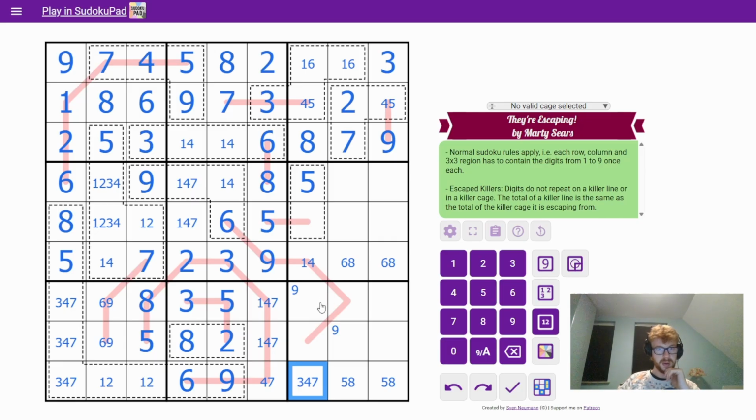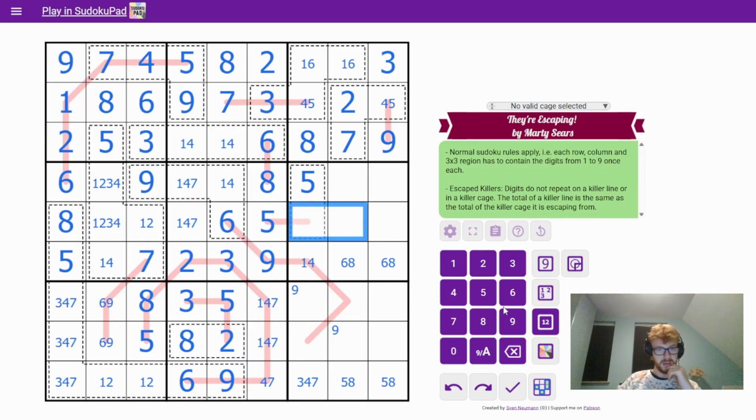That's sharper than I thought I'd be. Right, so what now? Sevens? No. I'm having trouble assessing sevens because 7 is in one of those. 9?